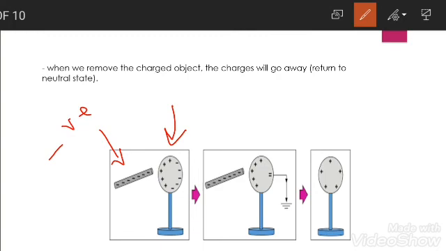This object contains negative charge, so all the positive charge will be attracted to the negative charge, and all the negative charge will be repelled, and return to the natural state. So the object will have an overall positive charge introduced on the near edge of the other object.